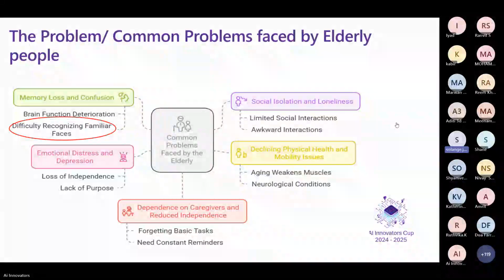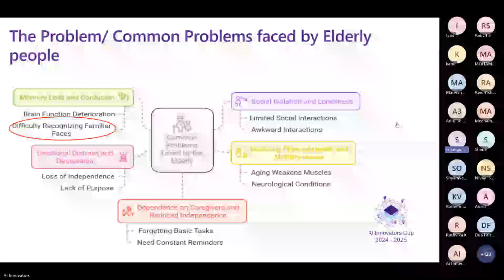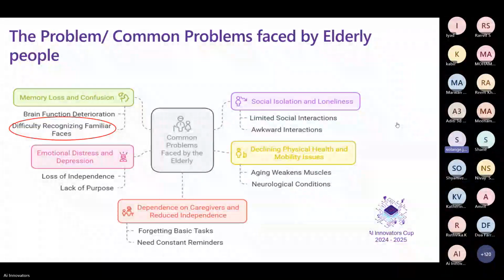Where we start, for example, by asking what are the common problems faced by elderly people? And here we can say they are facing memory loss, emotional depression, social isolation, declining physical health, and they need some kind of dependency on caregivers. So these are some of the problems that they are facing.